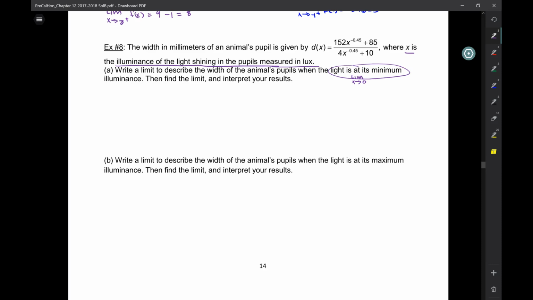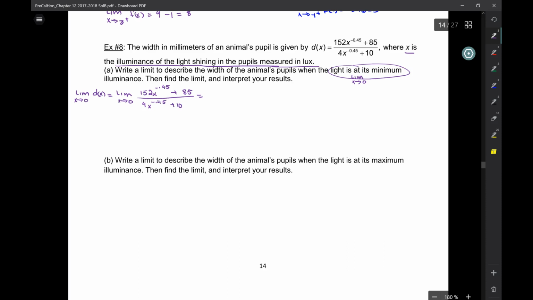So we're going to do d of x, the limit as x approaches 0 of d of x, which is equal to the limit as x approaches 0 of that complicated looking function over 4x to the negative 0.45 plus 10 equals 2.